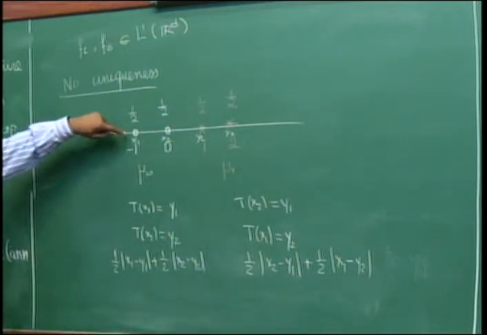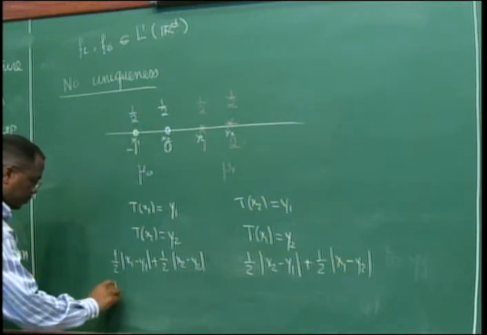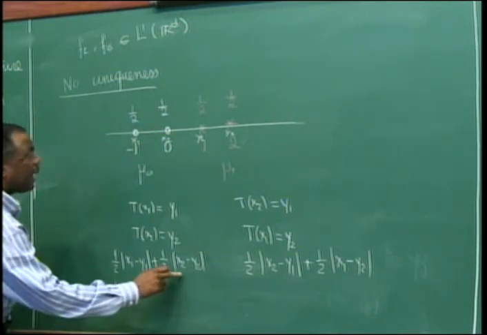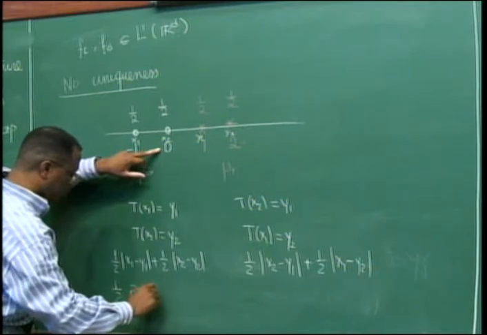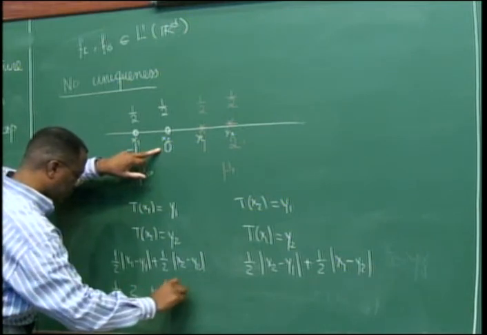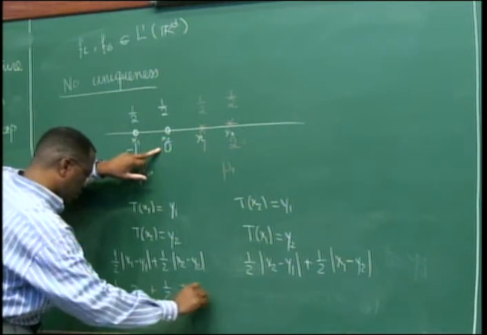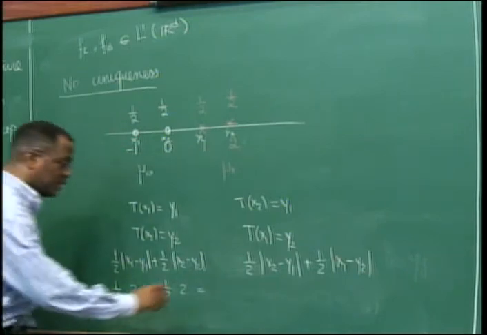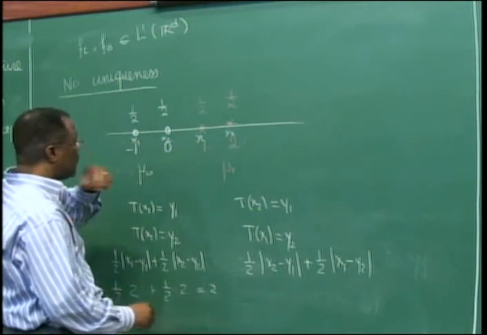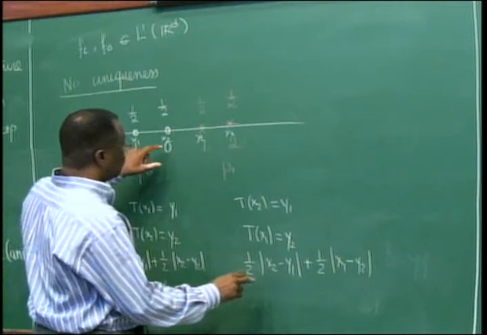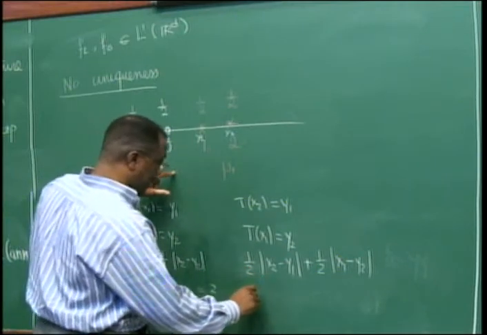So S1 minus Y1 is 2. S2 minus Y2 is 2. And so what we have here is a total of 2. Now S2 minus Y1 is 1.